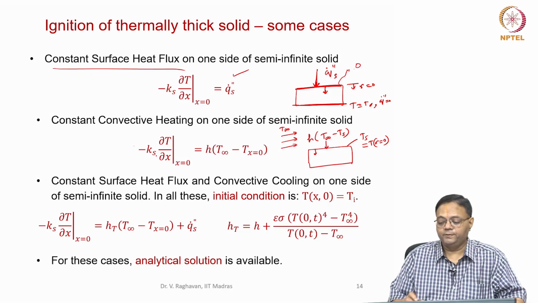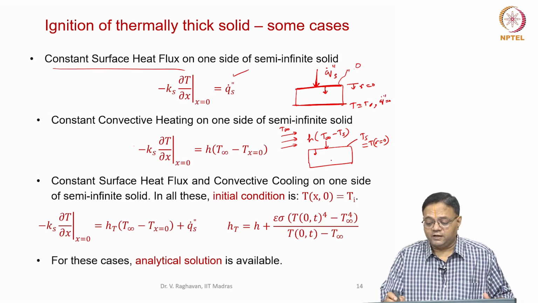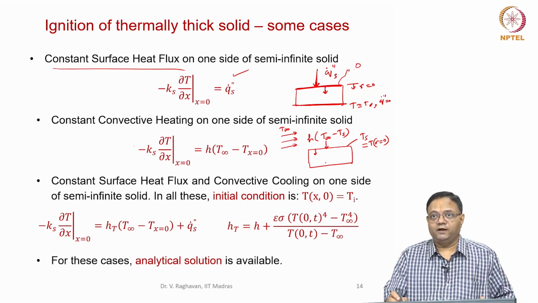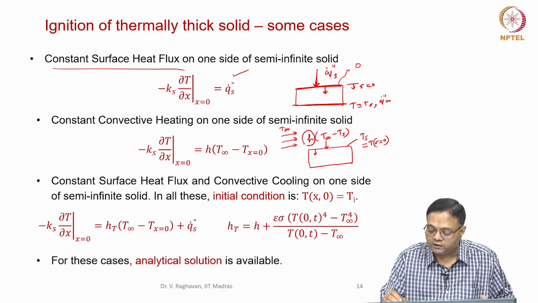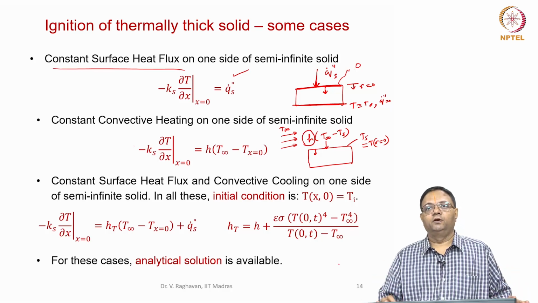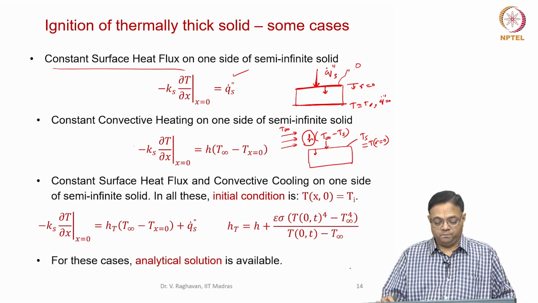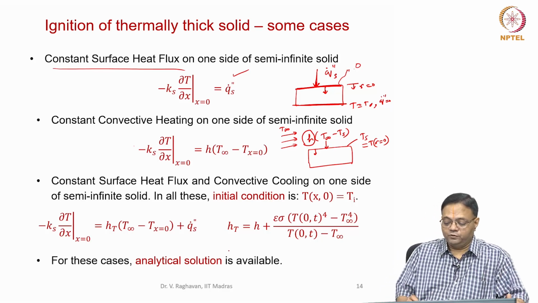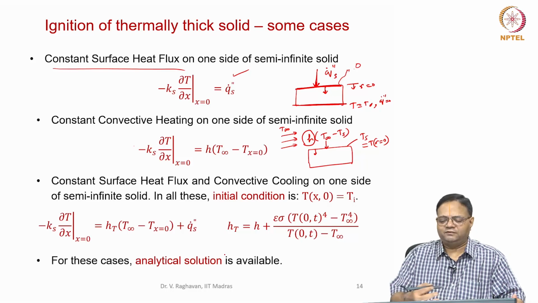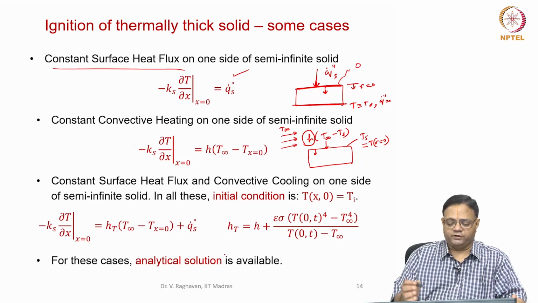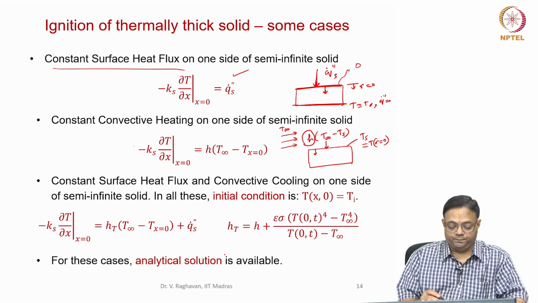This is the conduction. So, in this case also, if we have some correlations to determine h, this problem is easily solvable. Okay. Then I can say the third set of problems. There are several sets, we can have several configurations. I am just discussing a few of them.